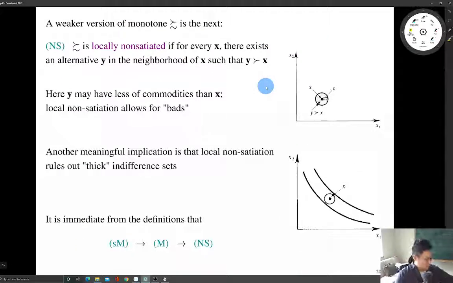The weaker version of monotonicity is the next: local non-satiation, a little bit of a generalization of the previous monotonicity.